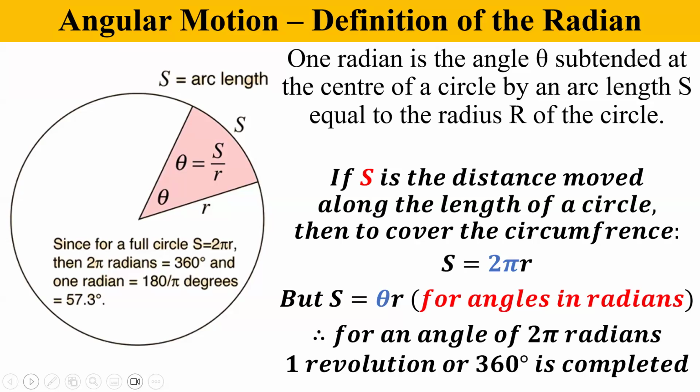So that's the definition. S here is the arc length. So it is the angle subtended at the center of the circle by an arc length S equal to the radius R of the circle. That's what it's equal to.